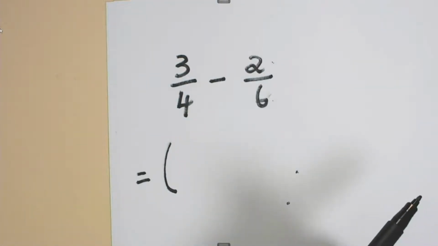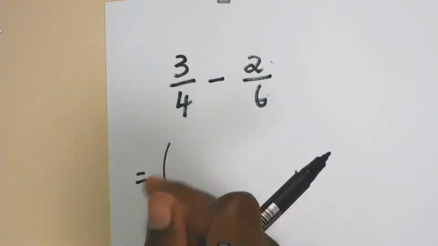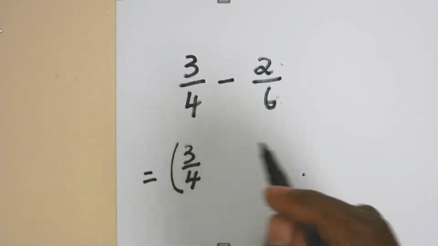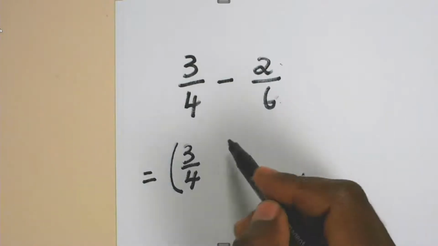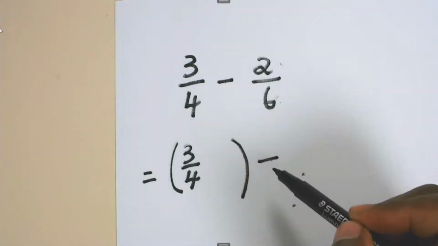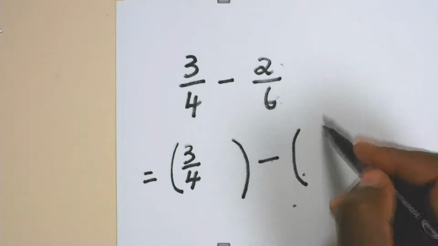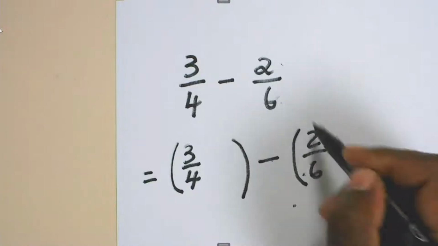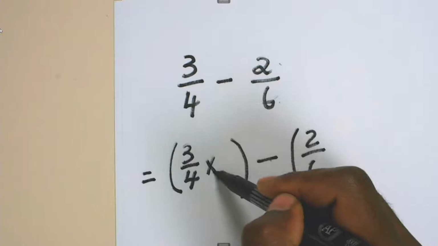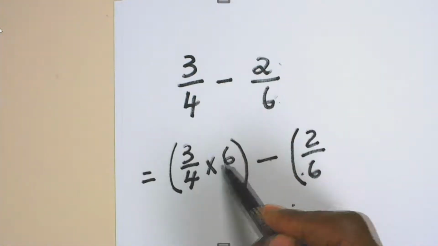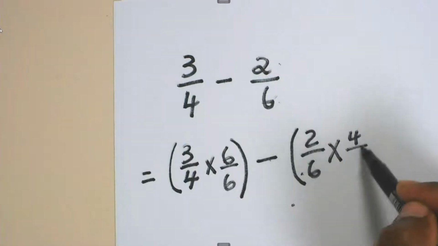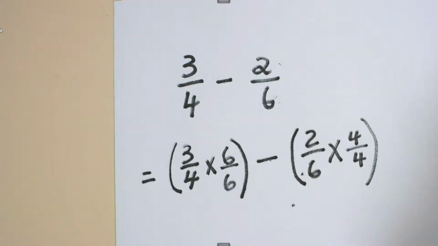So to make sure that our denominators are the same, we open the bracket first, we write the fraction as given in the question, then we leave a space, then we subtract because we're supposed to subtract from the question, we open another bracket, then it is 2/6 as is, we write it. Then we remember again, guys, we said on this side we multiply with the one that is given on the other side.